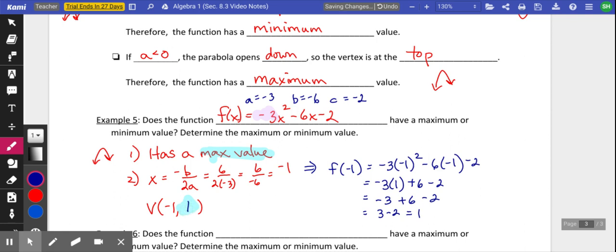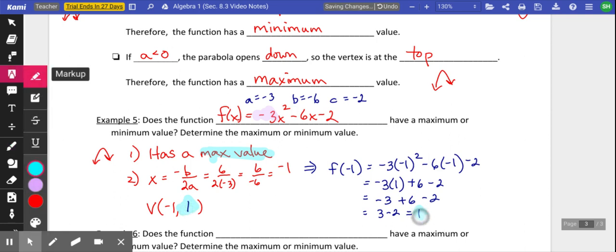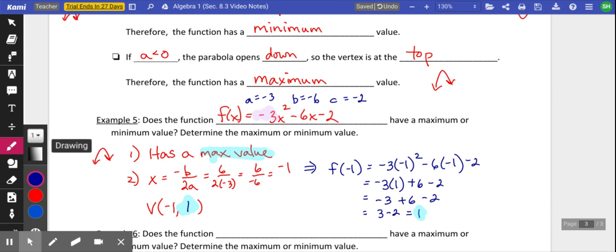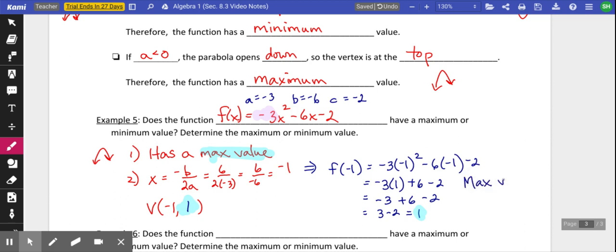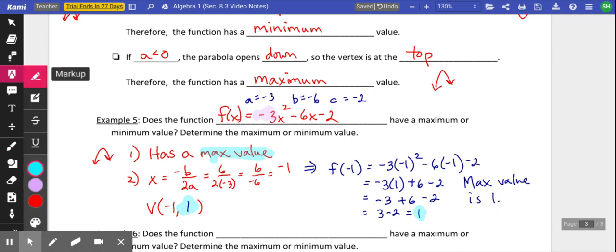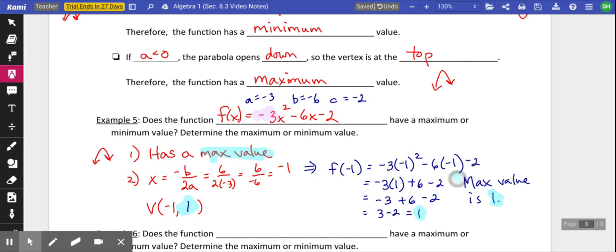So our max value is going to be 1. It has a max value, and we have to tell what the max value is. So the answer to question number 2 is, overall, the max value is 1. And again, that's the y of the vertex.